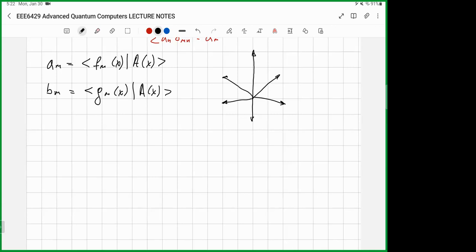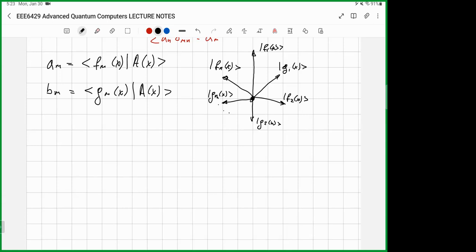For example, this is the f1 of x vector, this is the g1 of x vector, this is the f2 of x vector, this is the g2 of x vector, etc. Let's denote this fn of x vector, and this gn of x vector.